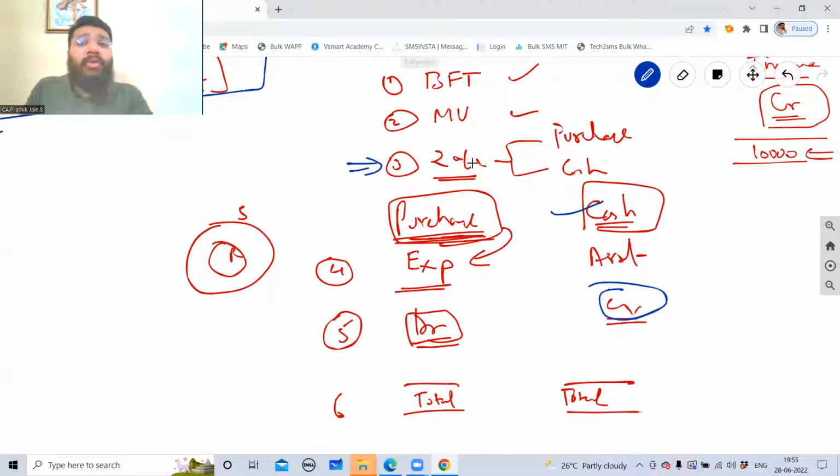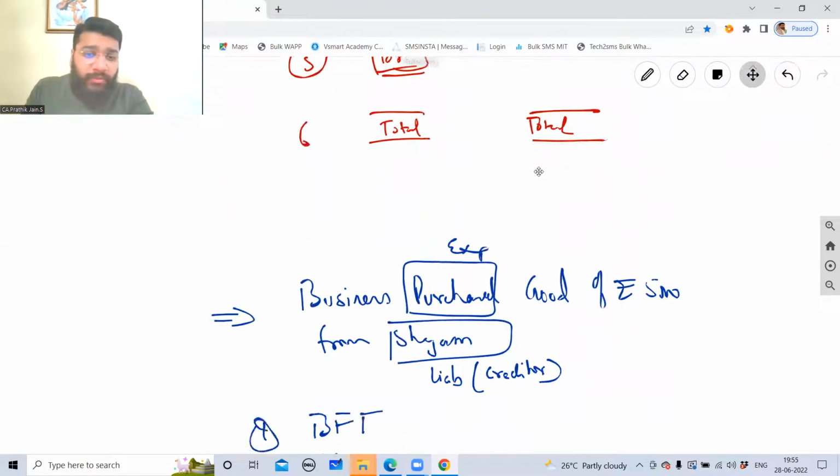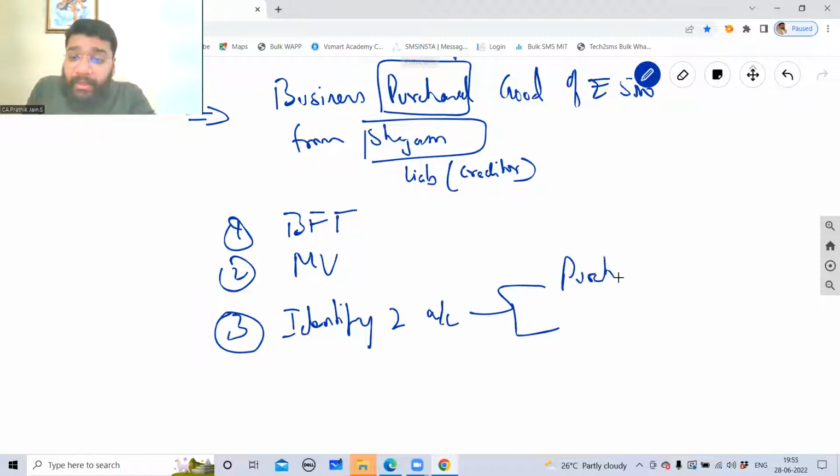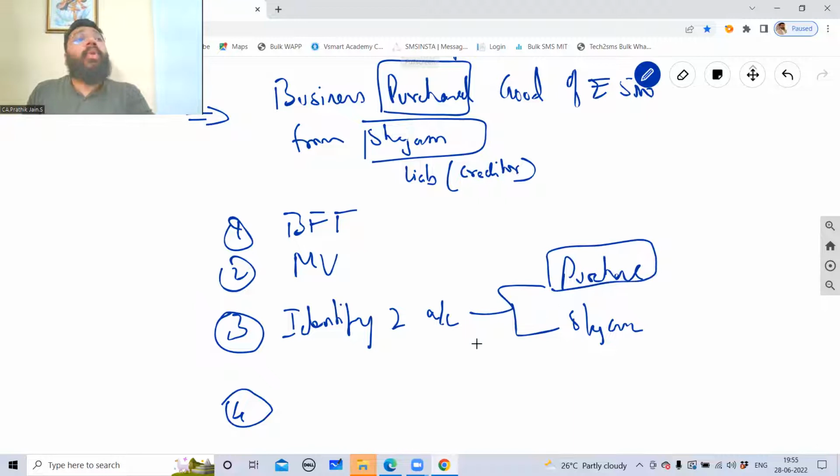I need to identify two accounts. So the two accounts identified are purchase and Sham. Once you identify the accounts, the next step is you will classify which quadrant this purchase belongs to. Next is identify the quadrant.